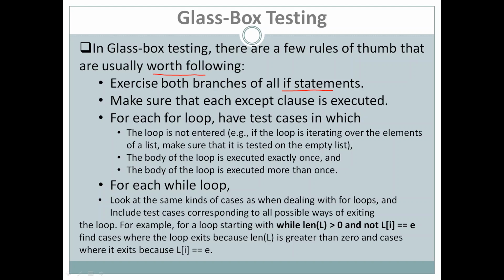An if statement generally has two branches, one for true and another for false. So if we have an if condition in the code, we have to find inputs that exercise the true part and also the false part of the if condition.